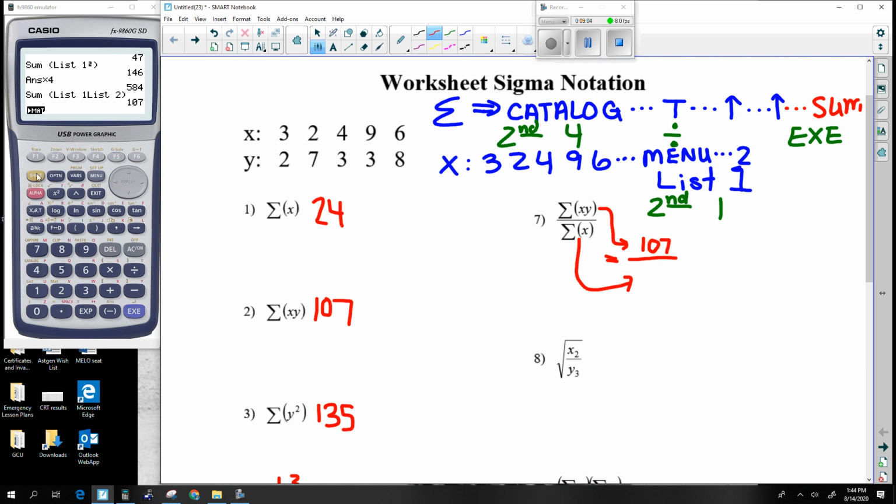The bottom is the sum of x. So I do have the ability to show work. Look at that. Look at me writing down work. And now I can go ahead and divide the two. So 107 divided by 24 comes out to be that.